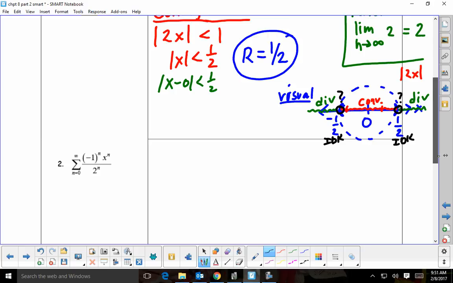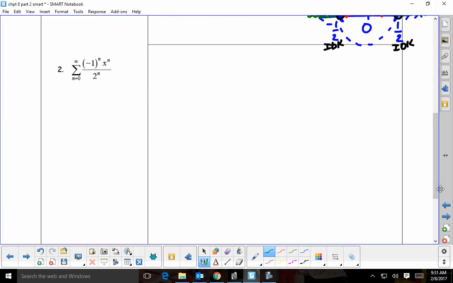Find the interval of convergence on number 2. Go. State that I'm using my ratio test.